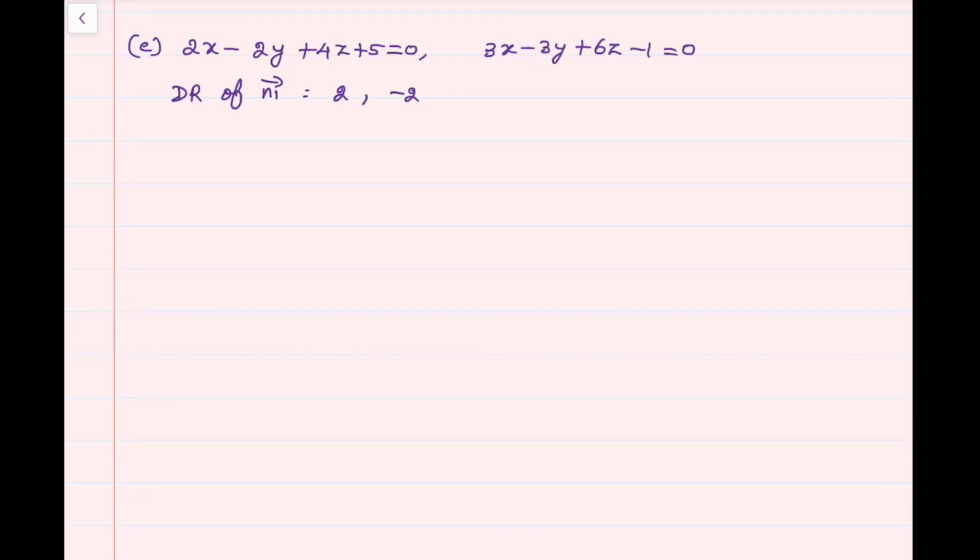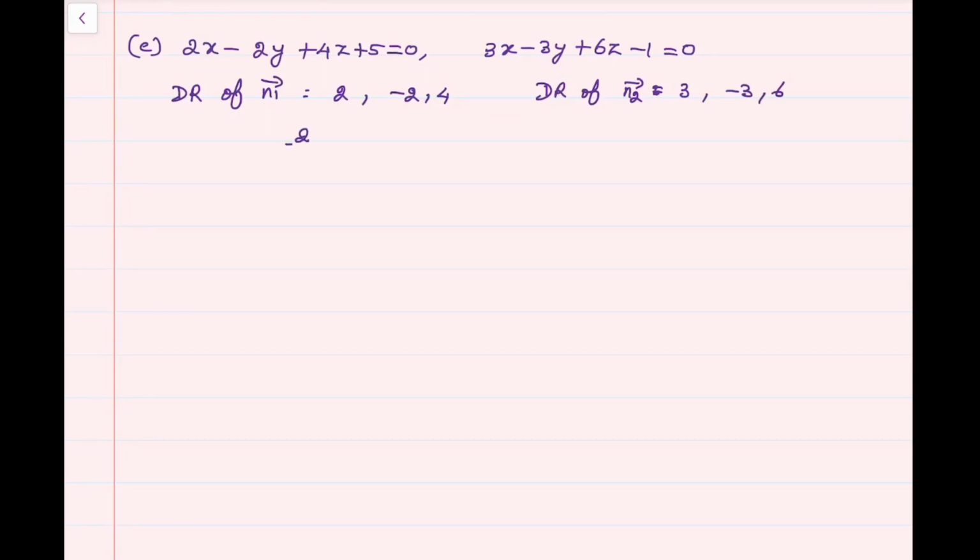C subdivision. The plane equations are 2x minus 2y plus 4z plus 5 equal to 0 and 3x minus 3y plus 6z minus 1 is equal to 0. DRs of n1 vector 2, minus 2 and 4 and DRs of n2 vector 3, minus 3 and 6.